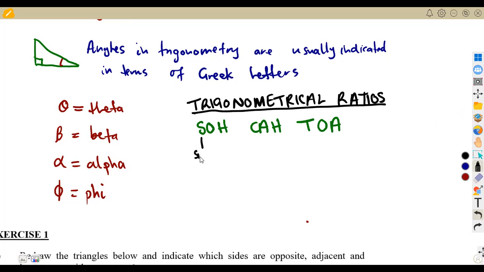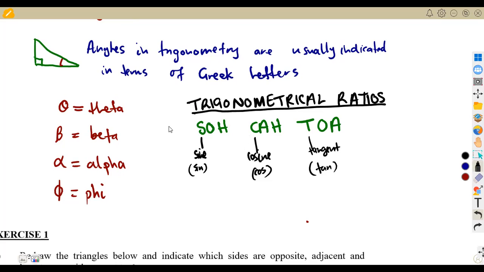So we have what we refer to as the sine, we have what we refer to as the cosine, which in short we write as cos, and sine in short. Then we have the tangent, which we refer to as tan in short.